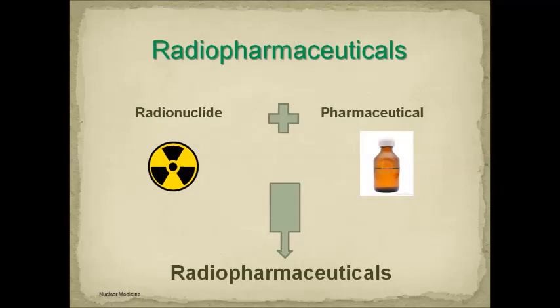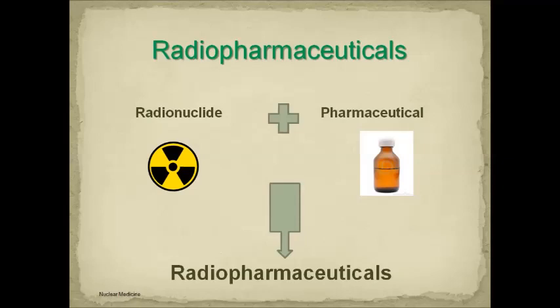Radionuclide is only a tracer, and pharmaceutical is a special molecule which has affinity to different tissues and organs, for different zones of our interest.